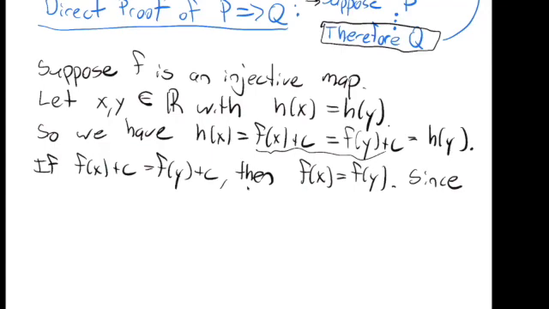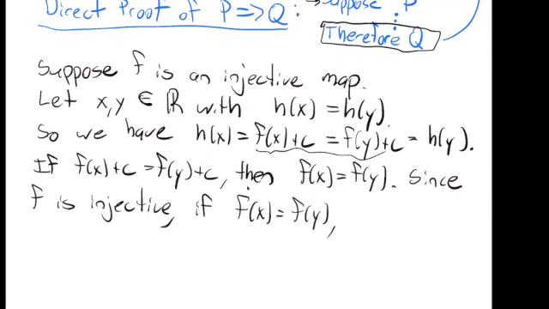The reason we can claim this is since f is injective, if f of x equals f of y, then we know x is equal to y. And now we're done. Since we've shown if h of x equals h of y, it follows that x equals y.